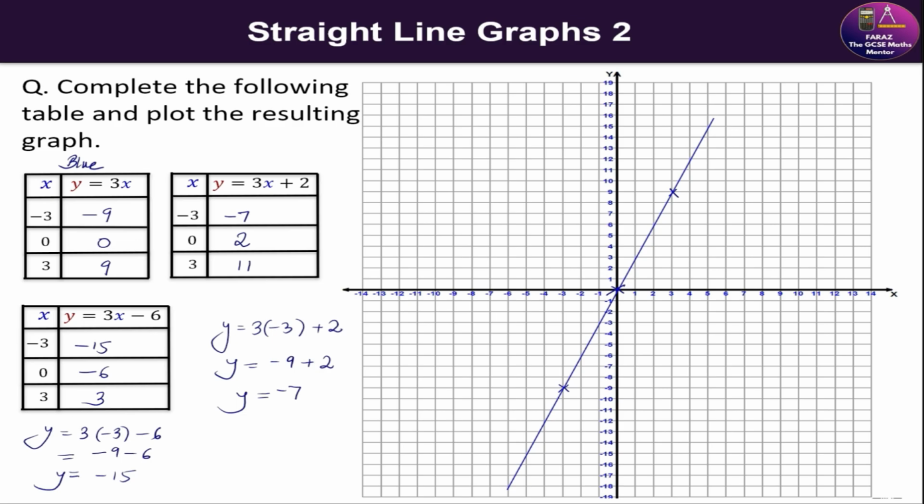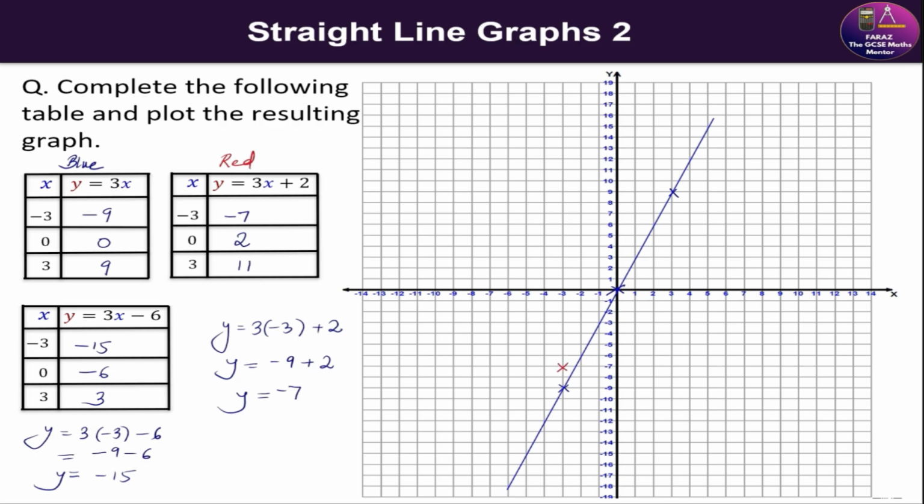Then we have to plot y equals 3x plus 2. The coordinates are already there, negative 3, negative 7. So we need to first plot negative 3 and negative 7. And let's plot this one in red. So negative 3 comma negative 7, it must be there.